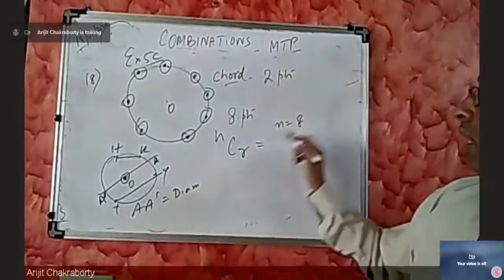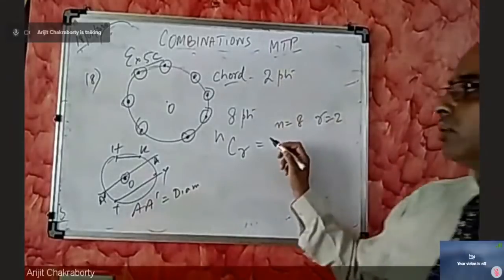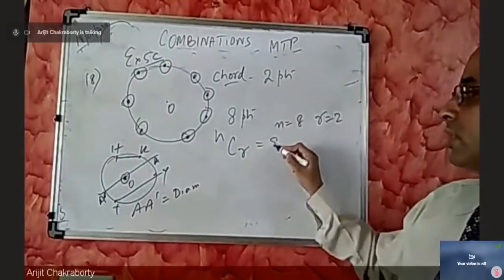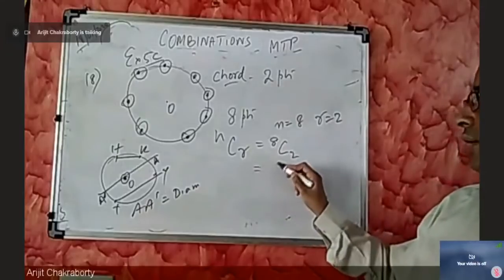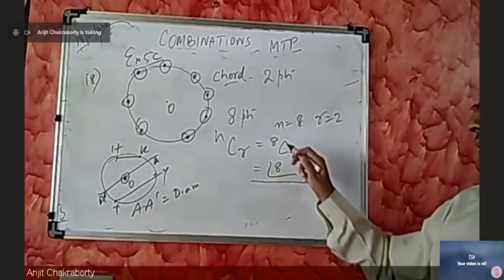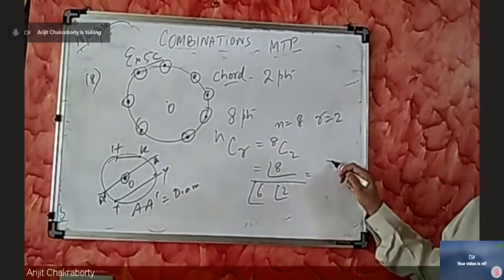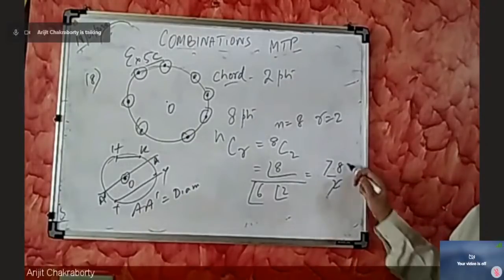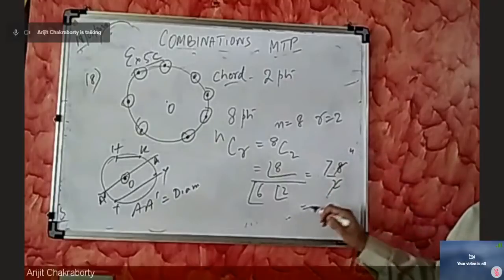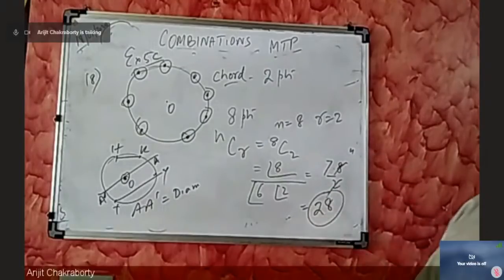So therefore r is 2. So you have to find out nCr, that is 8C2. That comes out to 8 factorial divided by 6 factorial into 2 factorial, that is 7 into 8 by 2, that is 28. The answer is 28.